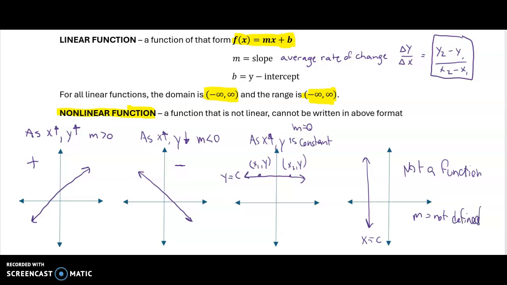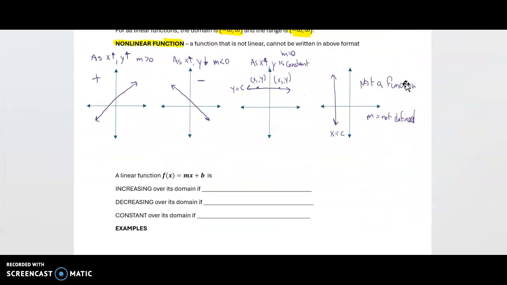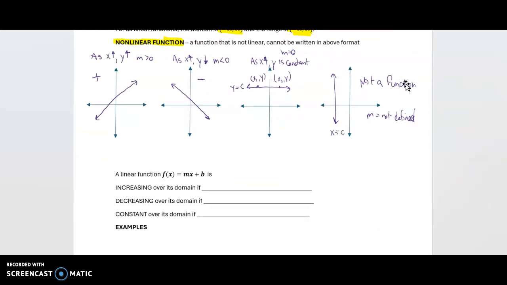We can use this information to help us summarize what it means for a function to be increasing, decreasing, or constant. A function is increasing over its domain if the slope is positive. Right here we have a positive slope. m is greater than 0. Our function is decreasing over its domain as x increases, y decreases.